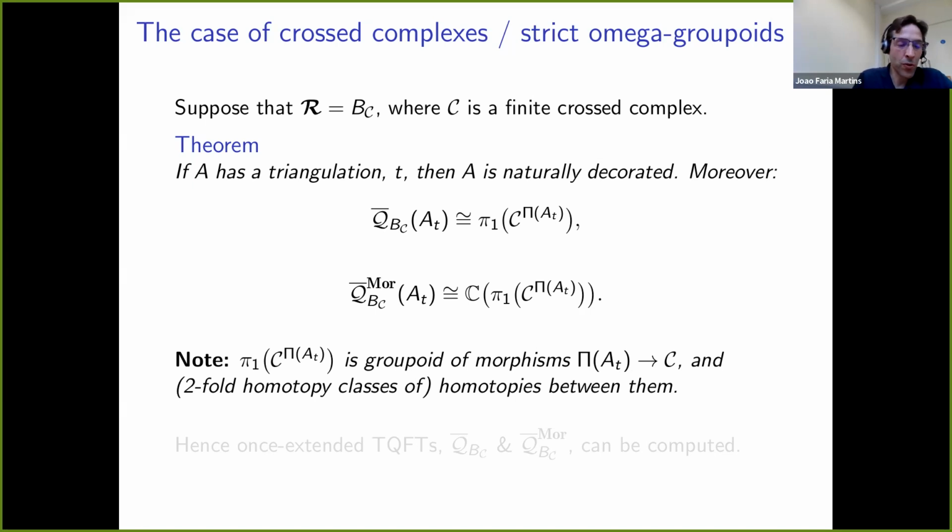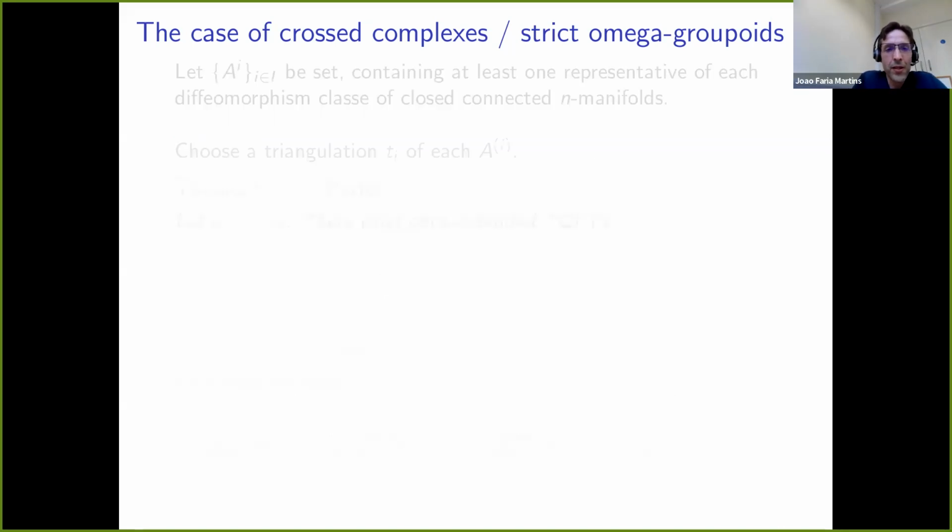And therefore, these once extended TQFTs can be computed in principle, because pi of AT, which is what you have here, is the fundamental crossed complex of a finite CW complex. It's a totally free finite crossed complex, and C is a finite CW complex. So you can do calculations by hand. You don't even need to put it in a computer.